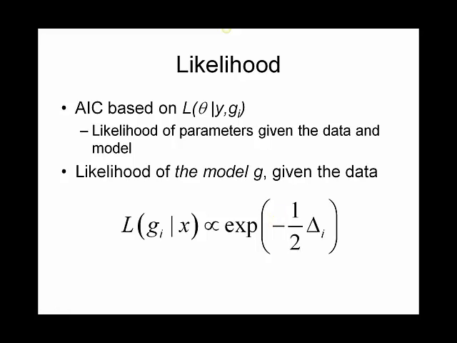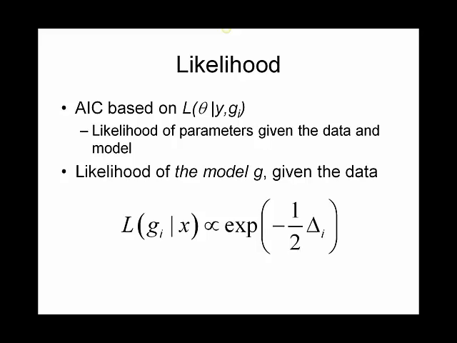So what are we going to do with this delta AIC? Clearly it still gives us a ranking, so we haven't really moved anywhere from the observation of the order of the raw AICs. If you recall, we base the AIC on the log likelihood, the likelihood of the parameters given the data and the model. Well, it turns out that given the AIC, we can actually calculate the likelihood of the model g being the correct model given our data.